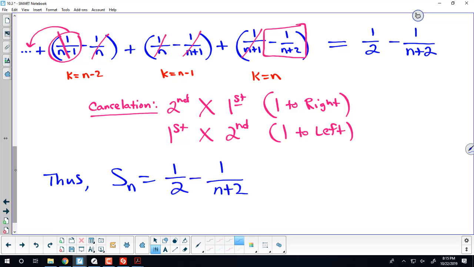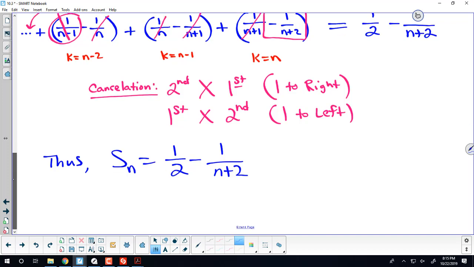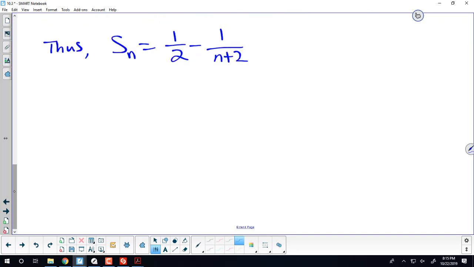So what's the sum of that series? Somebody say, what? Yeah. Remember, if you have the nth partial sum, the sum of the infinite series is just the limit of that nth partial sum.